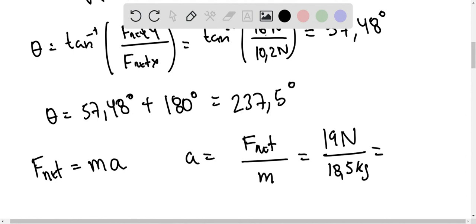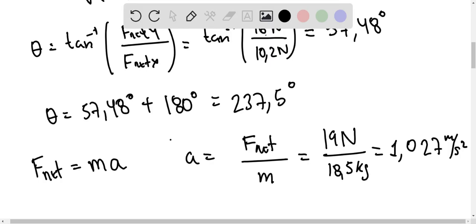This will give us an acceleration of 1.027 meters per second squared.